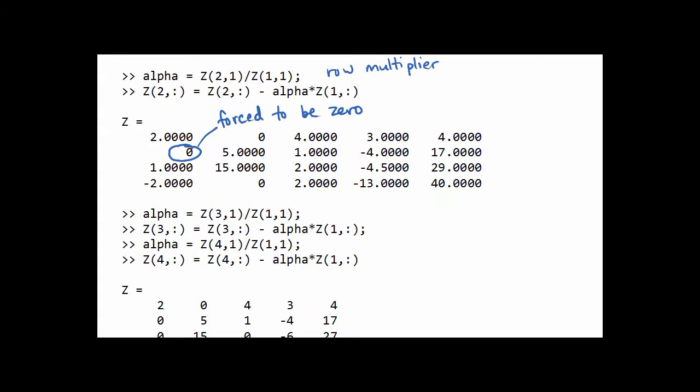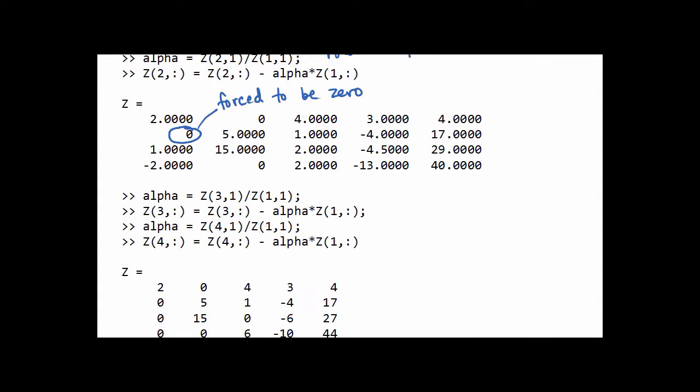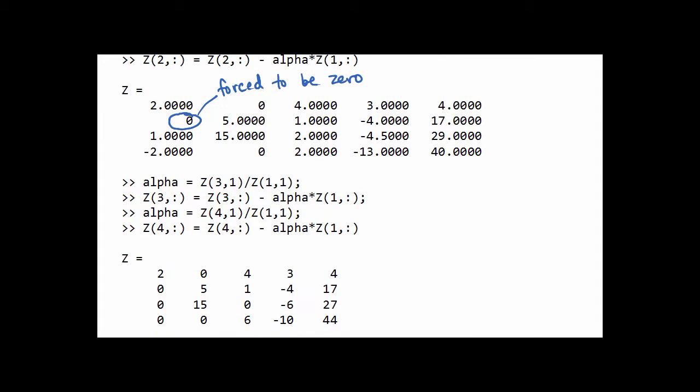Okay, now in order to continue down this first column, in the third row we have a new multiplier. So this is the multiplier for row 3, because when we multiply that by Z11 in the first row, we'll eliminate the Z31 entry.